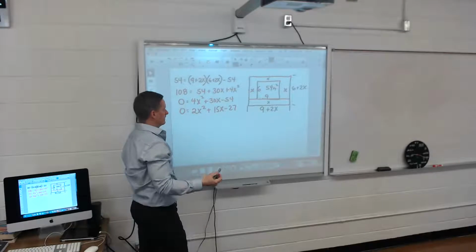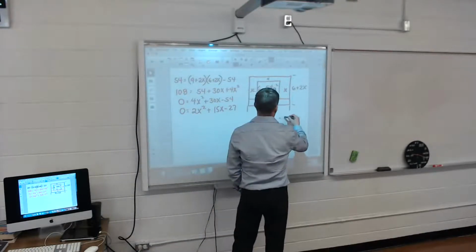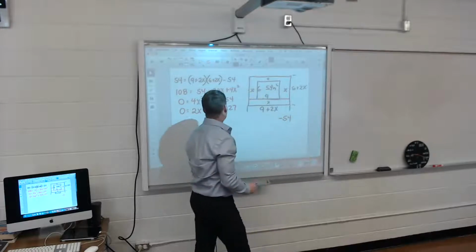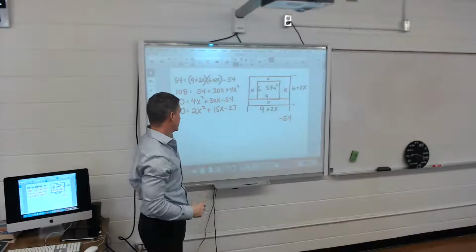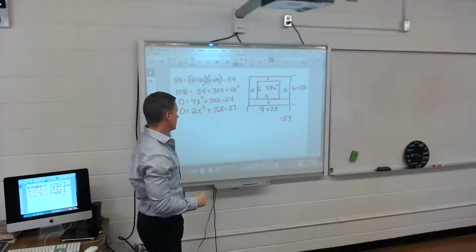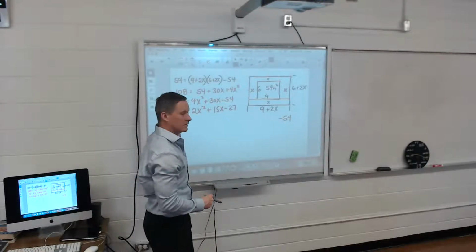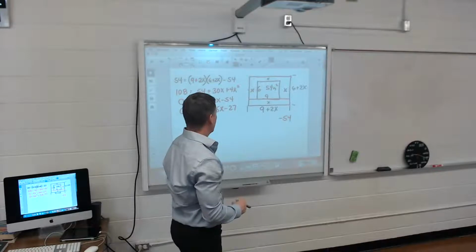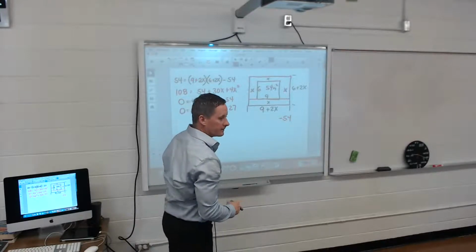All right. 2 times negative 27, that's negative 54, right? I'm just going to see if I can factor this. What are the factors of negative 54 that add to give me 15? 18 and negative 3.